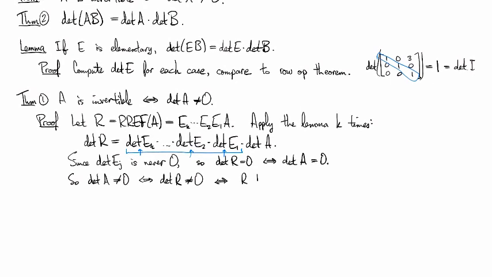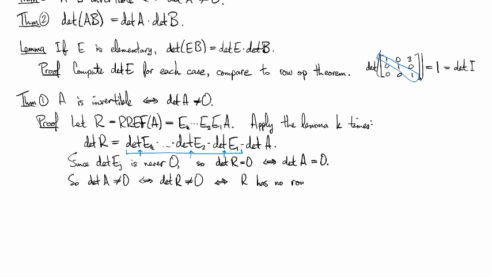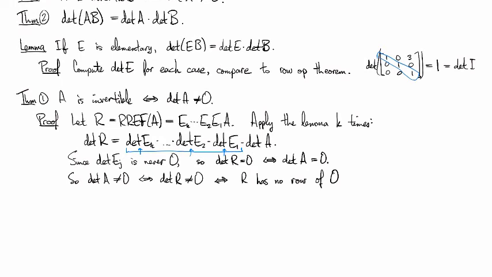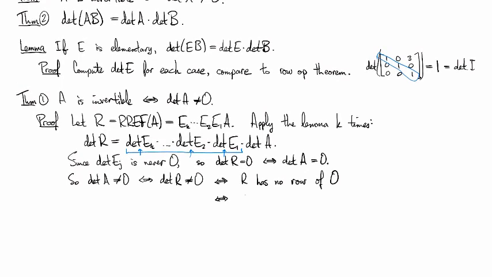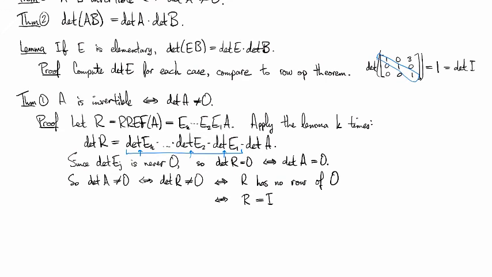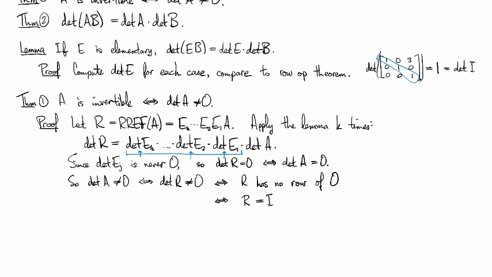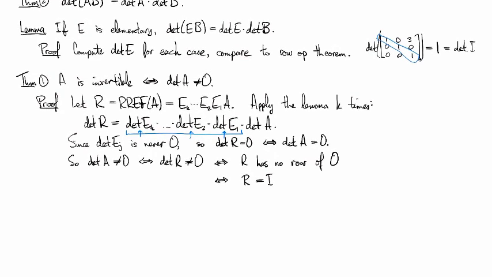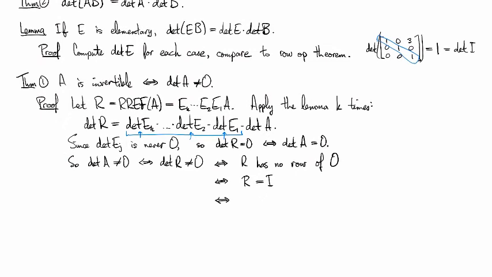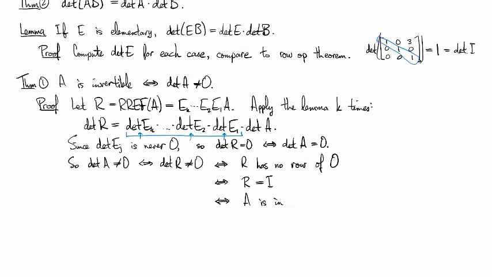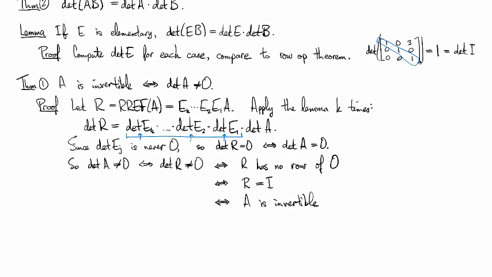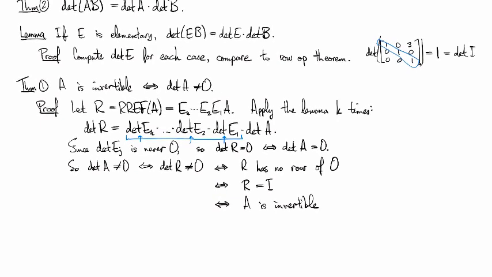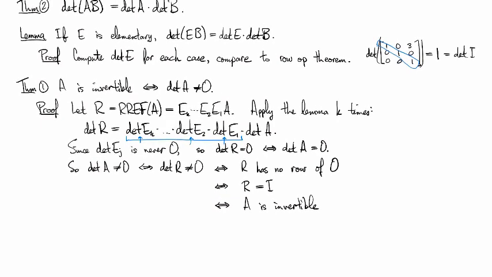So R has no row of zeros, and our theorem tells us that R has to be the identity. So we've shown that A is row reducible to the identity, and by the characterization of invertibility theorem, this is equivalent to saying that A is invertible. All of these are equivalences that go both ways, so we get both directions of the theorem at the same time, and we are done.